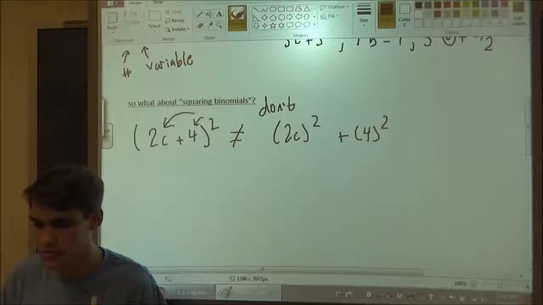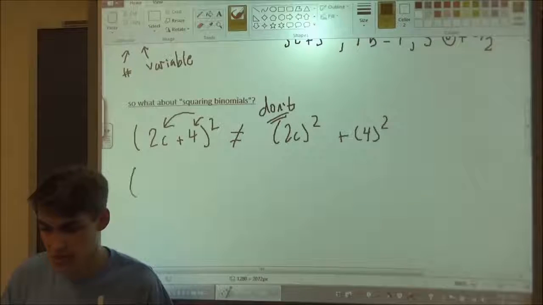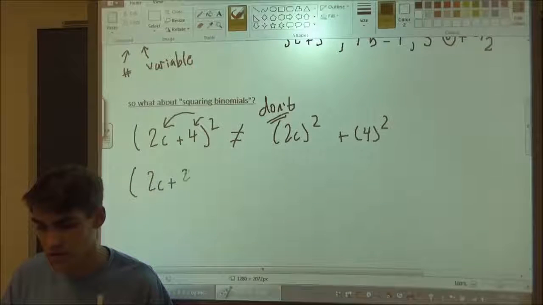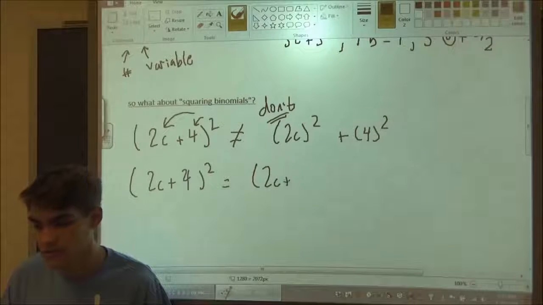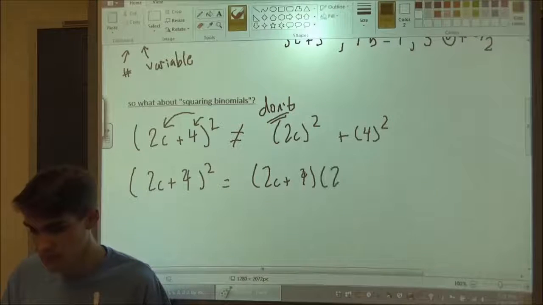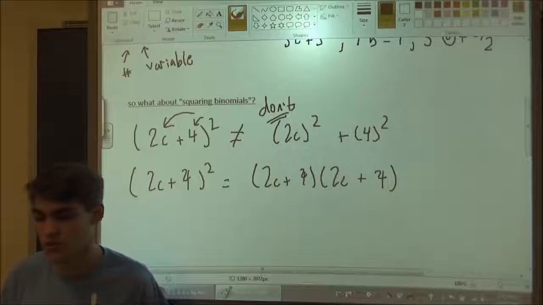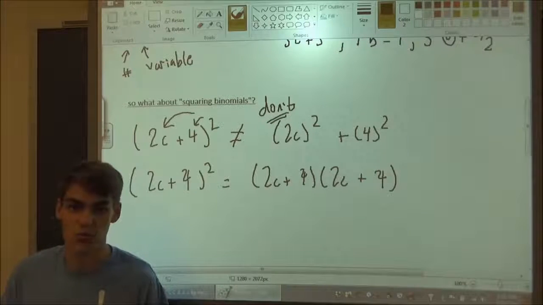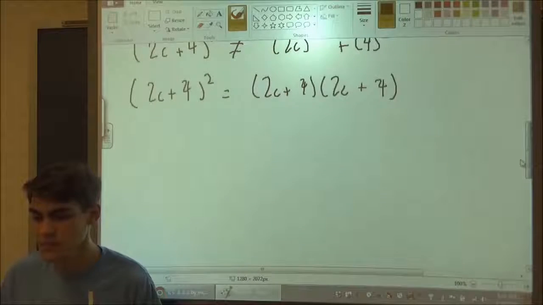Don't do this. Right? Because what's the definition of squaring? You just take what's underneath the little 2, what's in the parentheses, and you multiply it by itself.